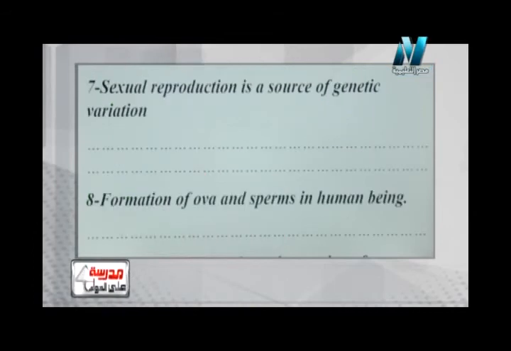طيب هنا give reason for, بيقول لي sexual reproduction is a source of genetic variation. طبعا sexual reproduction depends on two parents, male and female.